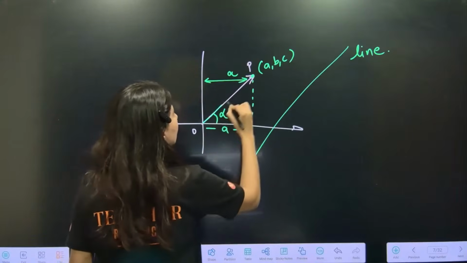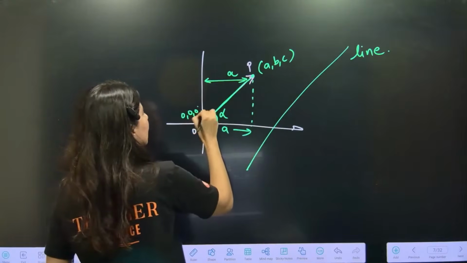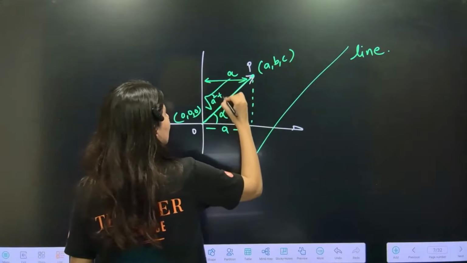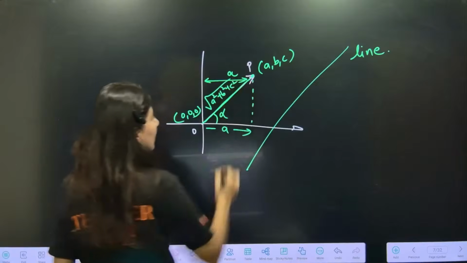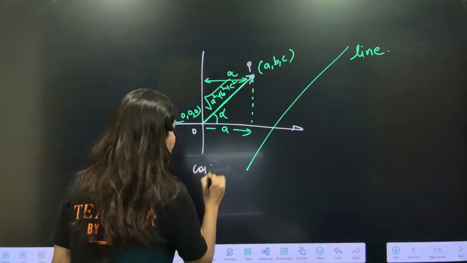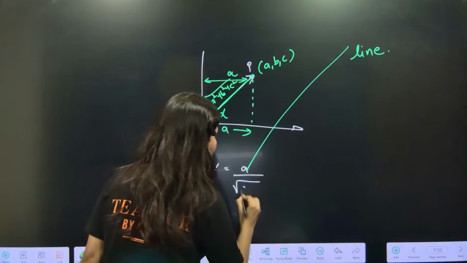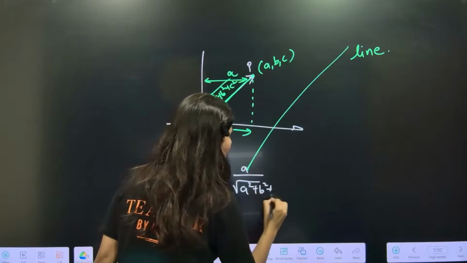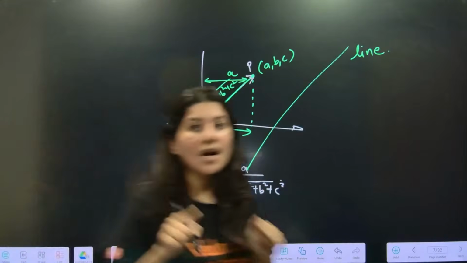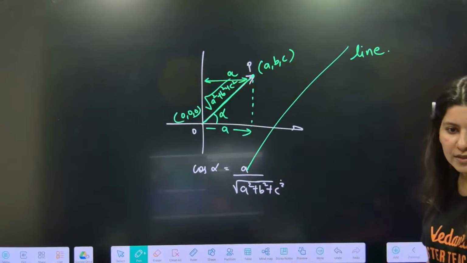O is (0, 0, 0) and P is (A, B, C), so OP is the square root of A square plus B square plus C square. Now cos theta is base upon hypotenuse, so cos alpha will be A upon square root of A square plus B square plus C square. Similarly, cos beta will be B upon the same.